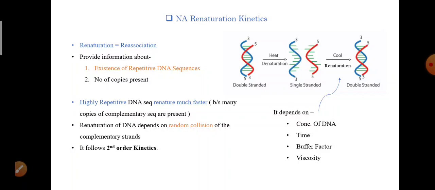This renaturation kinetics always follows second order kinetics. That is, the rate of renaturation depends upon the square of the concentration of the DNA, dC/dt is proportional to C squared.